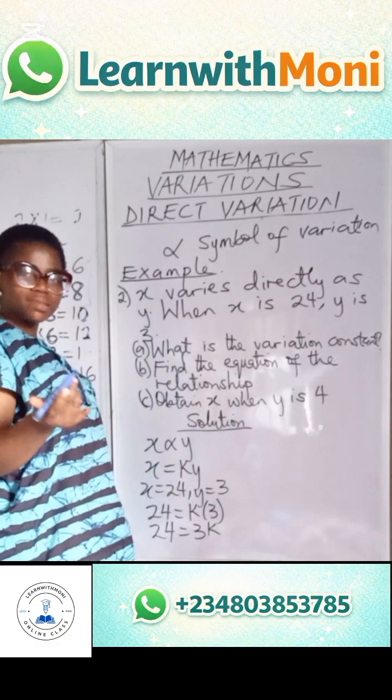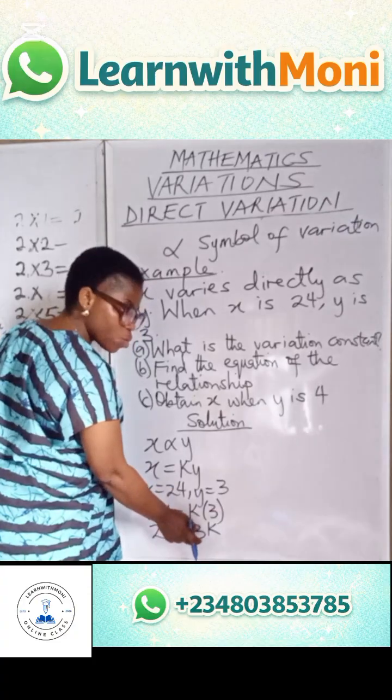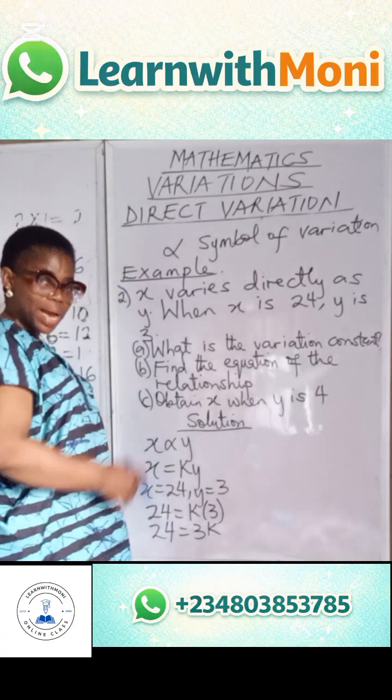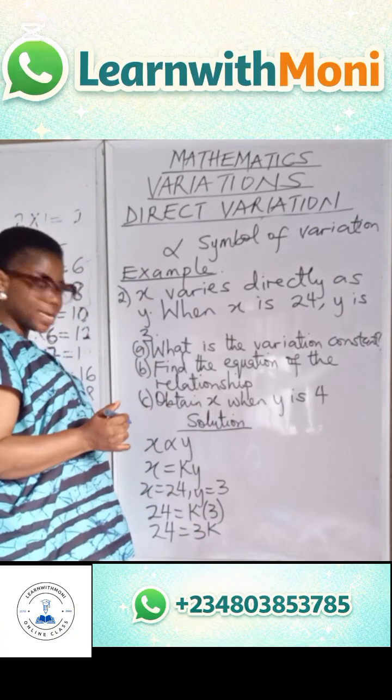So for us to get k, we have to get rid of this coefficient of k, which is 3, by dividing both sides by 3.